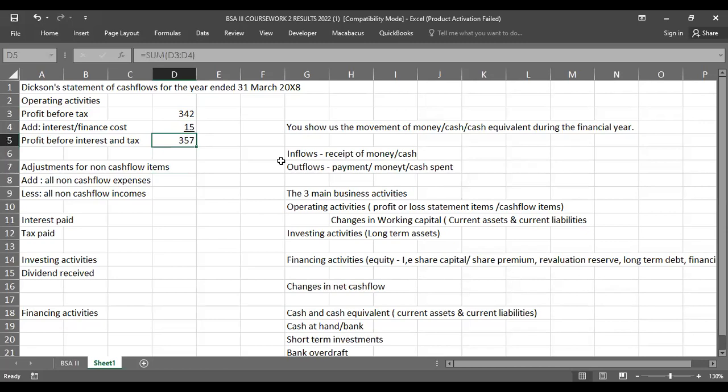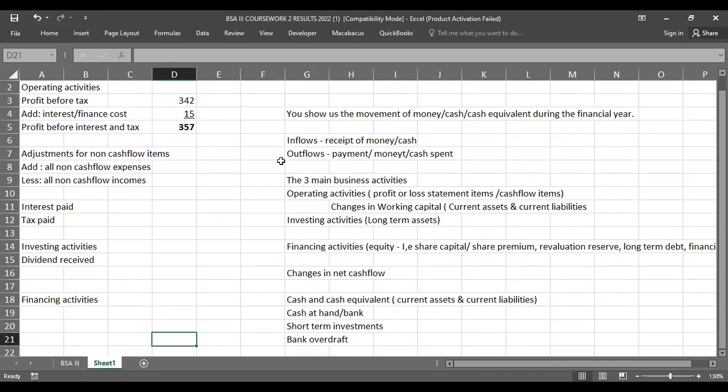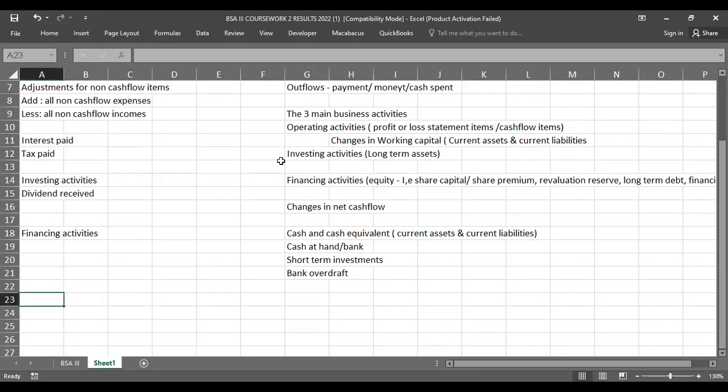Once you have this, you've officially begun your cash flows. So we shall use the workings that they give us in class, where you start with the statement of financial position, you move line by line, referring to additional information to see if there's anything that affects our items. So we're saying workings.